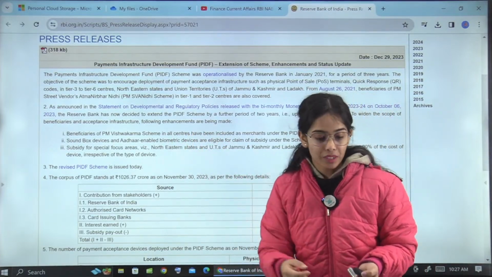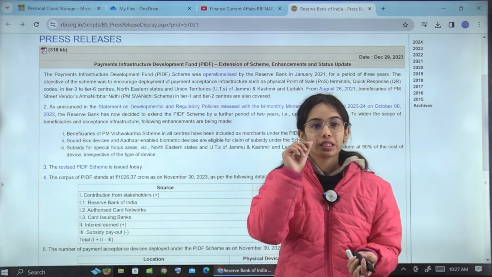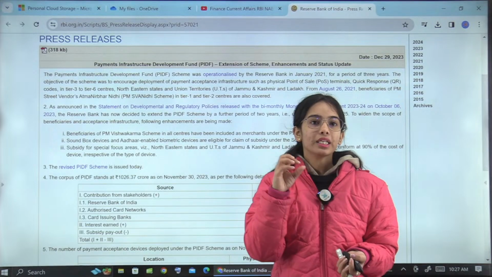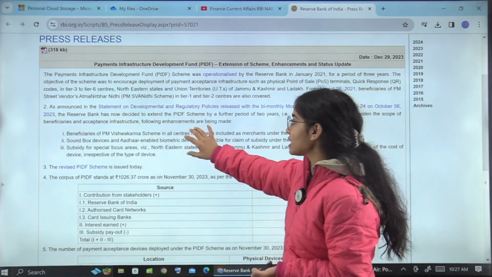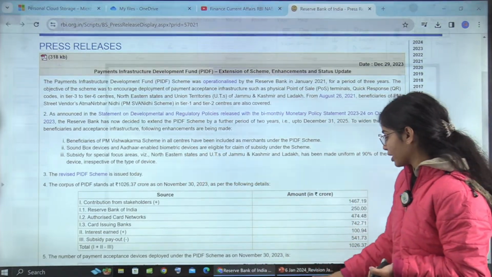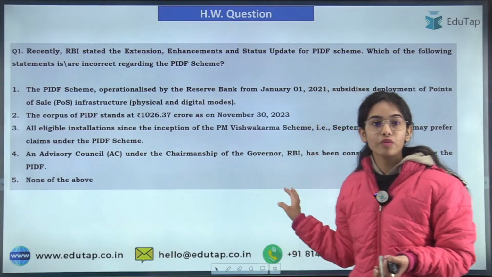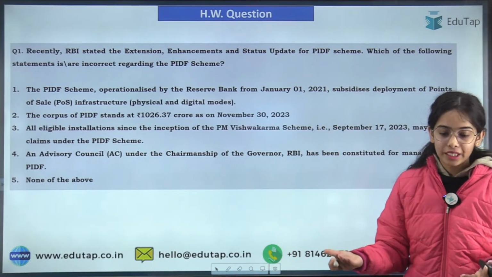If any mistake happens, I will myself explain it to you and tell you in the comment section or during the session. Otherwise, there can never be any mistake in the PPTs. I hope you will give the right answer to this homework question. Any confusion you have, kindly share it with me.